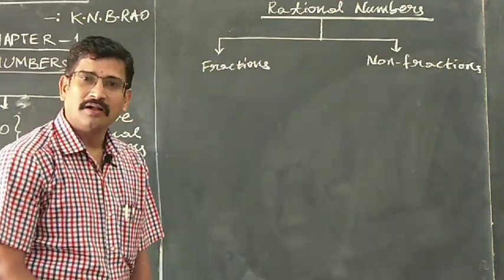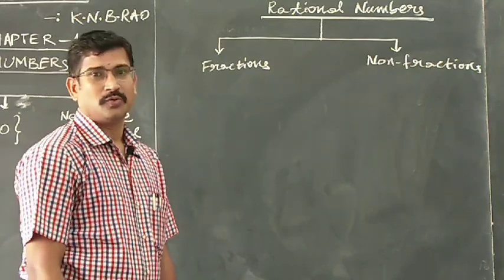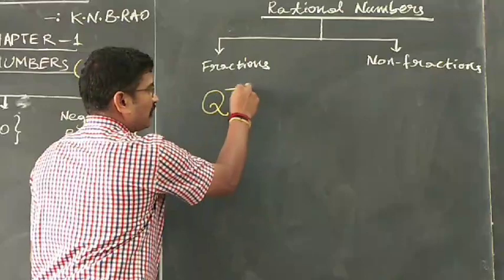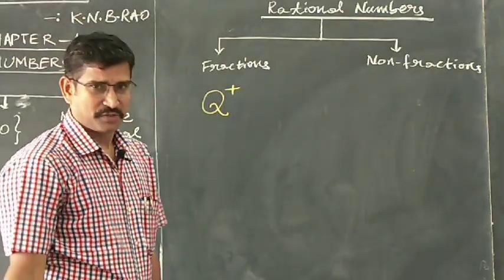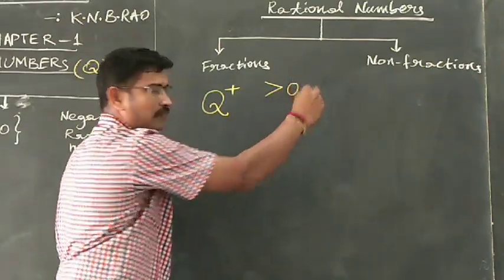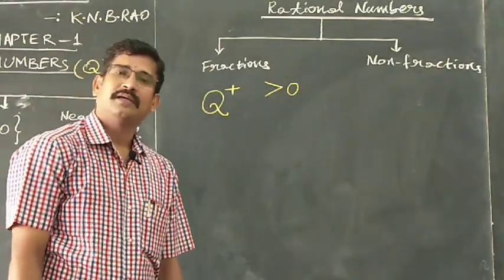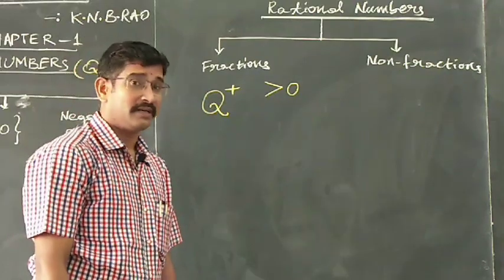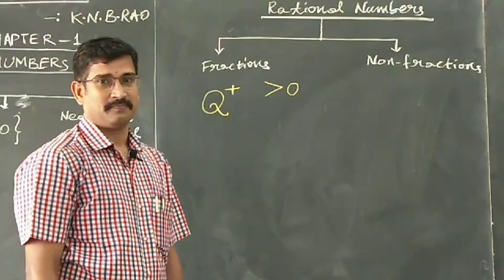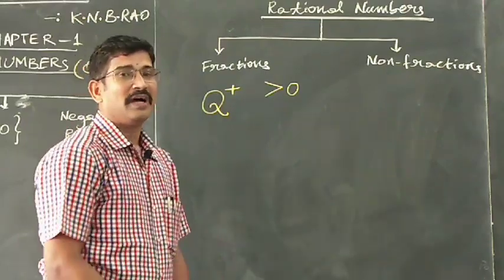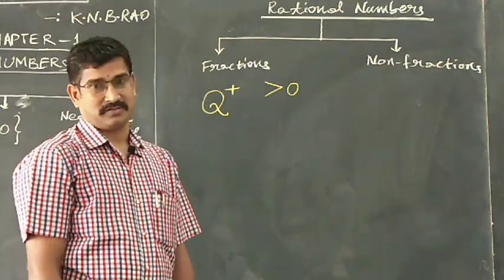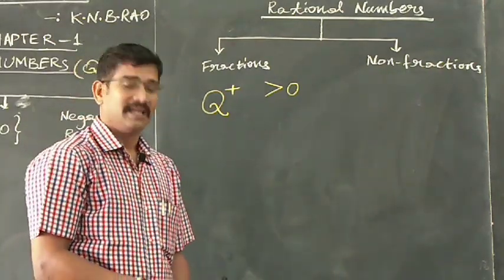All the positive rational numbers, which means numbers which are greater than 0, are called fractions. So, another name for positive rational numbers could be fractions. Now, we have the next classification of rational numbers as non-fractions. What is the meaning of non-fractions?